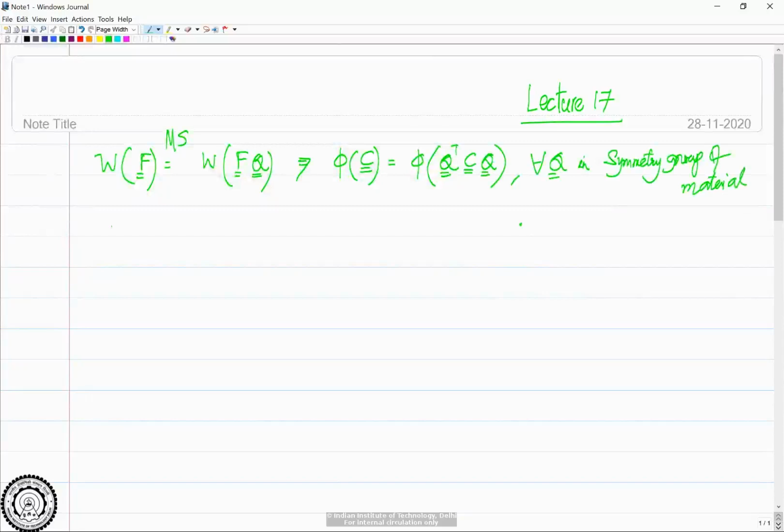And then we further said, if we talk of isotropy, then Q is the entire SO3, right?